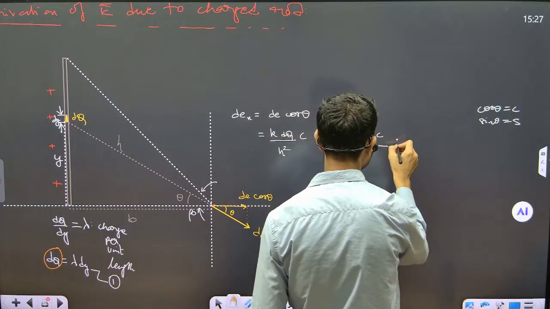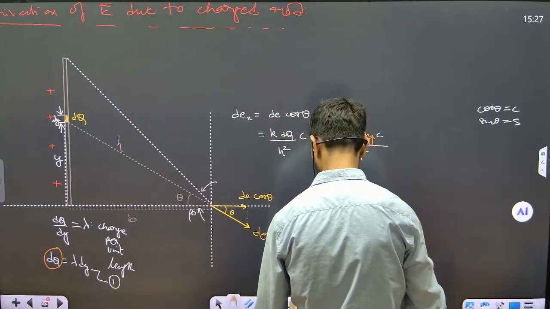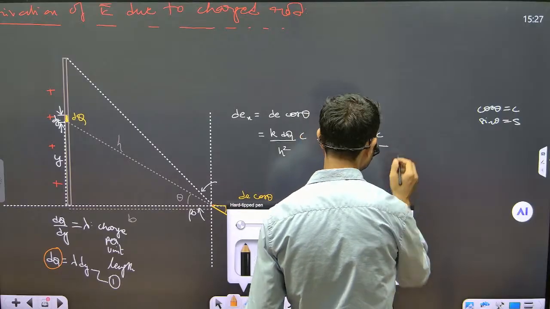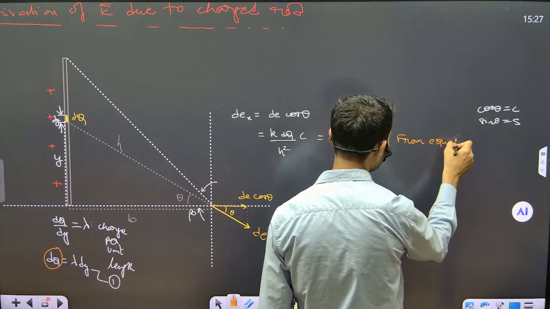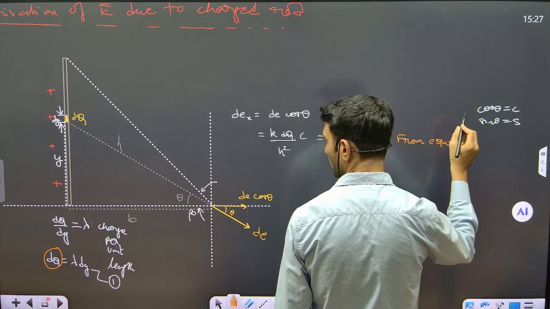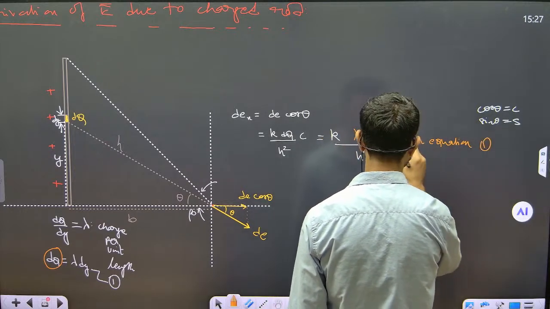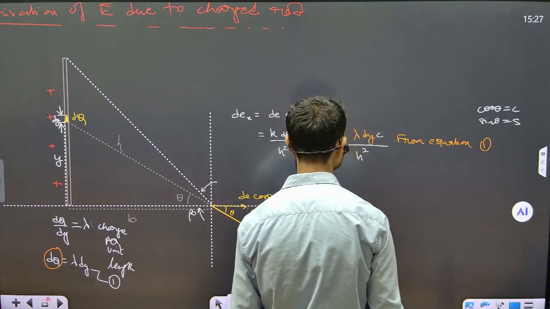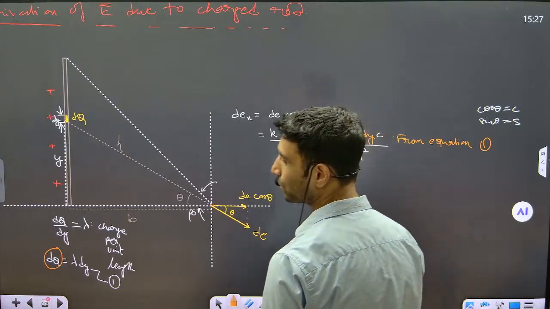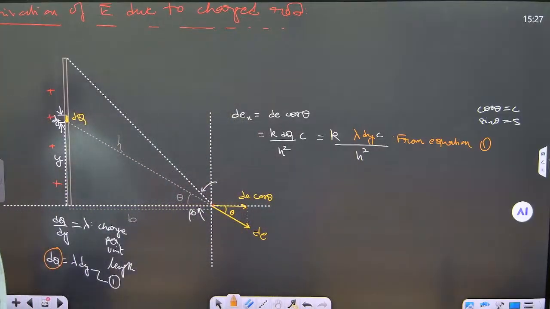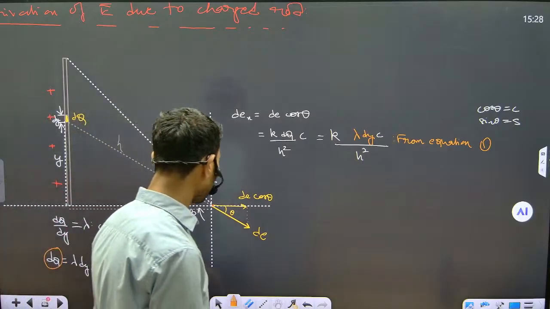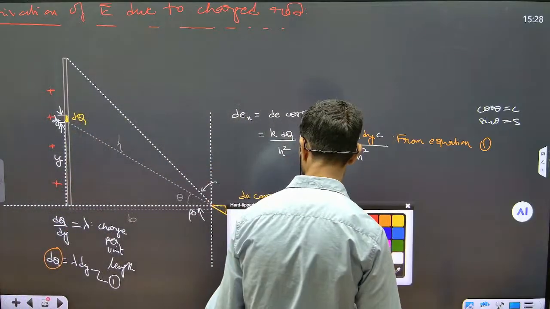So from equation 1, we got this. What I was saying, guys, is I don't want to deal with linear parameters, meaning y, h and all. I want to deal with angular parameters, that is theta and all the stuff, right? So let's see what we can do here.